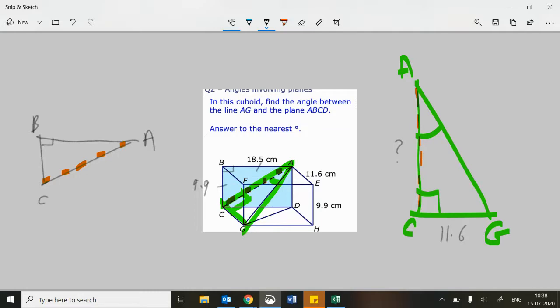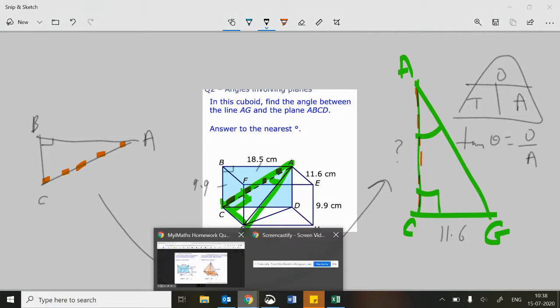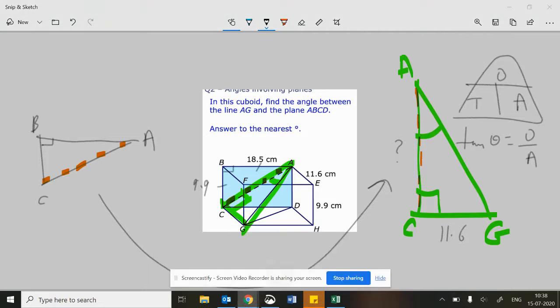Once you've got that length, you can put it in here and use tan. That's pretty straightforward. Tan is equal to opposite over adjacent, so tan of theta equals O divided by A, and then you can undo your tan by doing inverse tan. Hope that helps, and good luck with your efforts here, and obviously keep going. Thank you for having a go at these ones early.